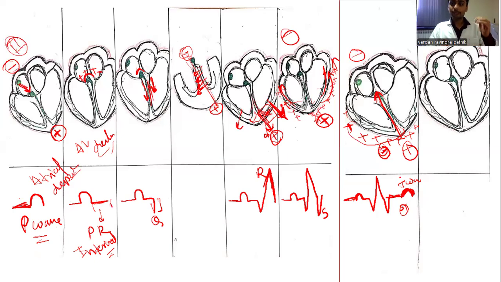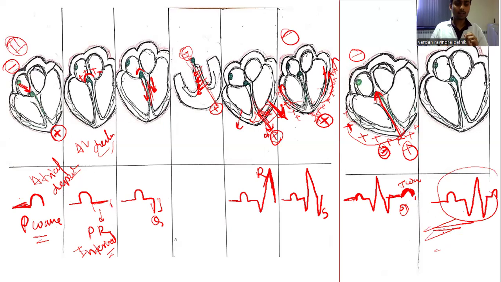Again, if positive charge is going towards positive, it is a positive deflection, and if negative charge is going away from the positive, it is also a positive deflection. So we have the complete wave, our QRS complex and T wave. This gives whole information about the electrical activity of the heart.